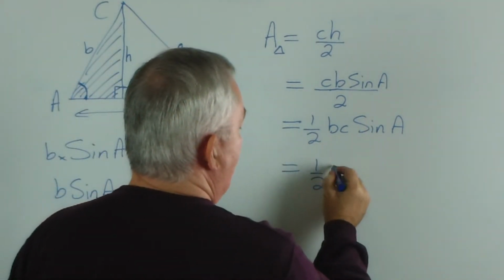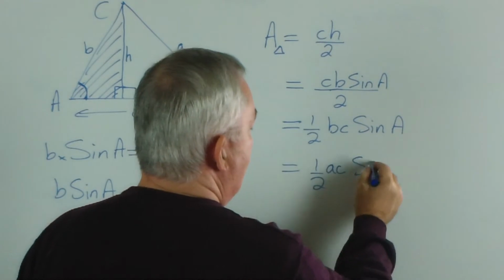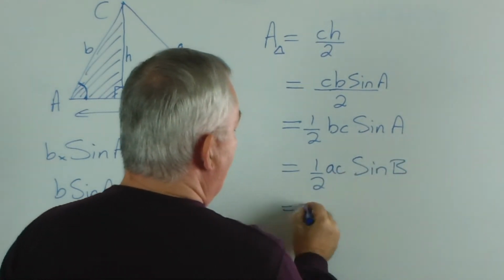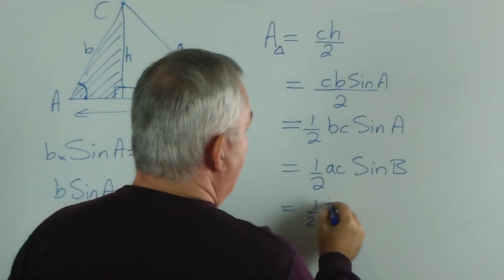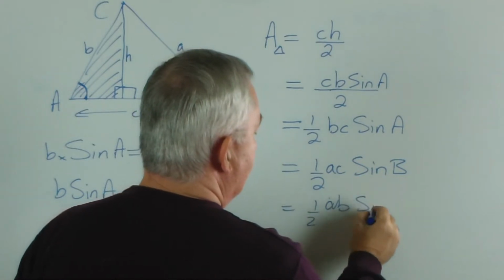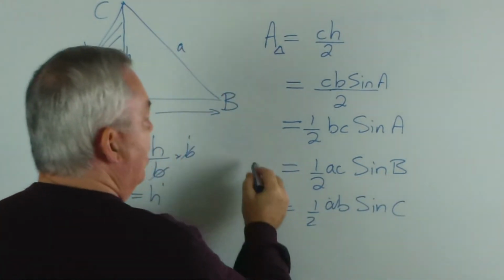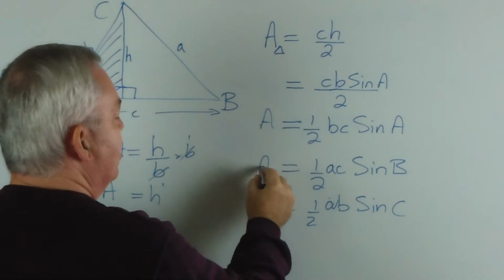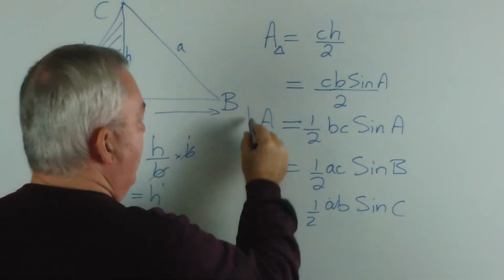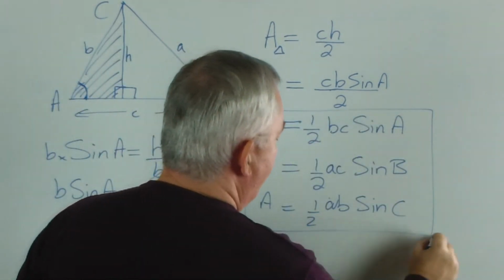So half AC sine B or half AB sine C. And these are the three forms of the area rule for a triangle.